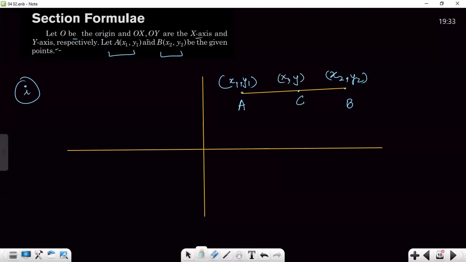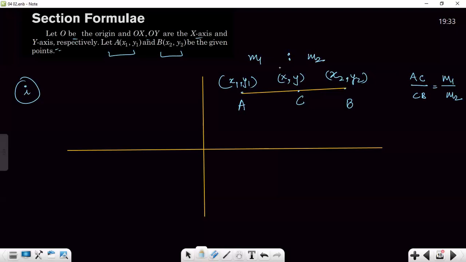It will sometimes be given that this point C is dividing the AB side in some ratio. The ratio will be AC divided by CB, and this ratio will be given like m1 is to m2. So AC is m1 is to m2.